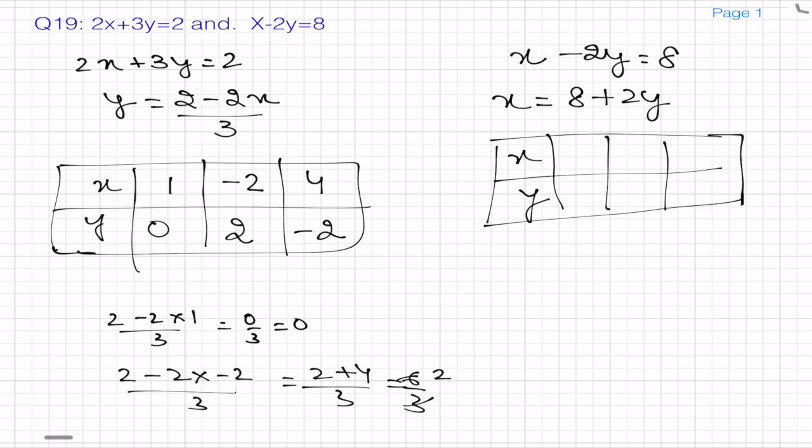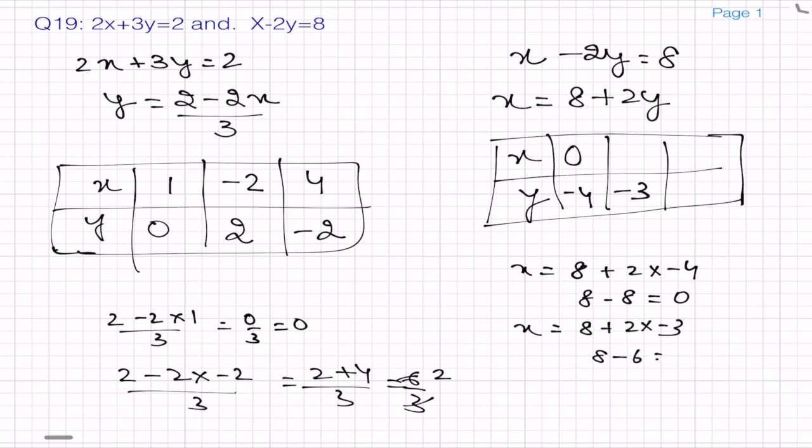If I take y is minus 4, it will be 8 plus 2 into minus 4, that is 8 minus 8 is 0. X will be 0. If I take y value as minus 3, then x will be 8 minus 6, that will be 2. Similarly, if I take y value as minus 2, x will be 4. So these are the values.